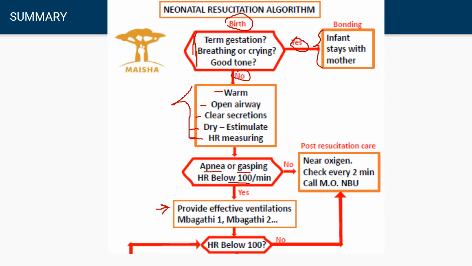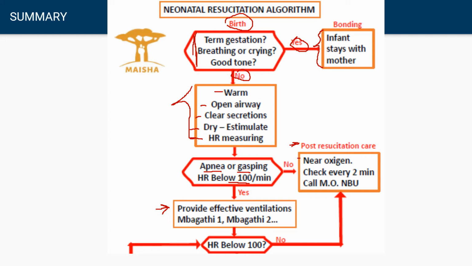So we give with an AMBU, Pumo 1, Pumo 2, or Bagari 1, Bagari 2. We give the ventilations, okay? If the answer is no, the conduct here is to start the post-resuscitation care.